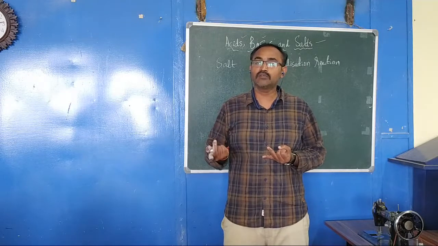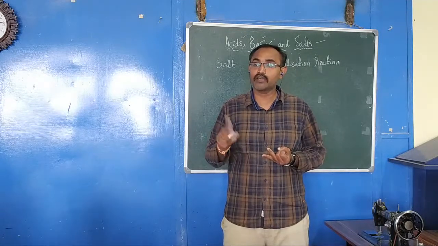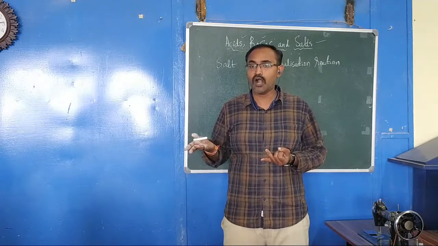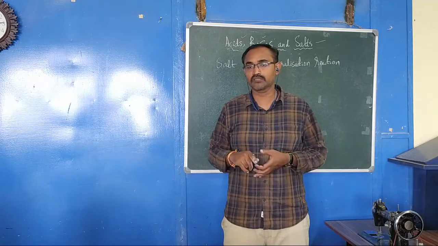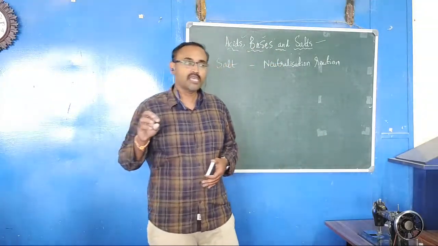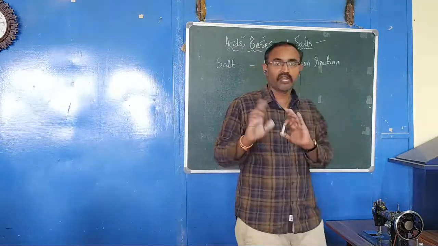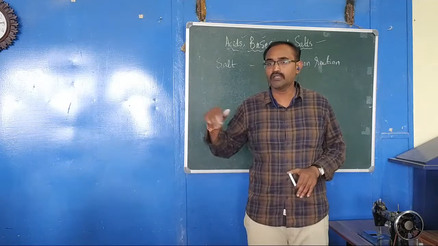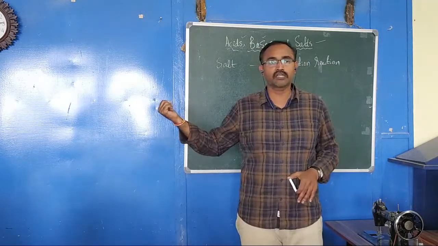Acid with metal carbonate or metal hydrogen carbonate also forms a salt, water and carbon dioxide. So in all these different cases we learned that salt is formed, not only in the neutralization reaction.